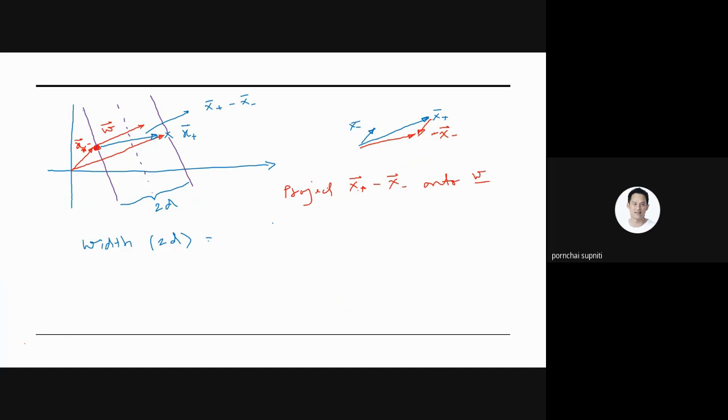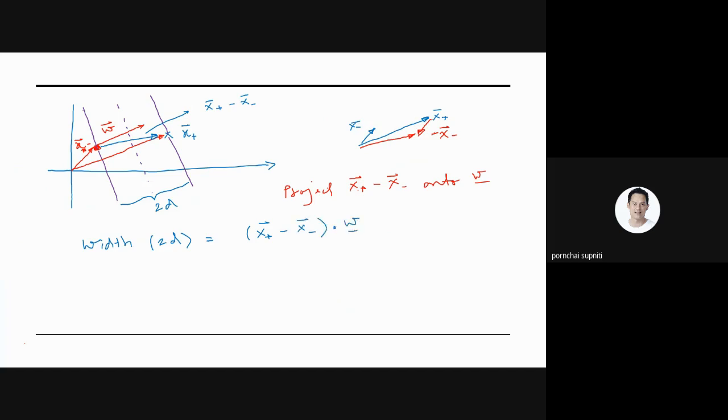So it's going to be the projection of x plus minus x minus. You can write it two ways. You can use W first, or you can use x plus minus x minus at the front. Doesn't matter.